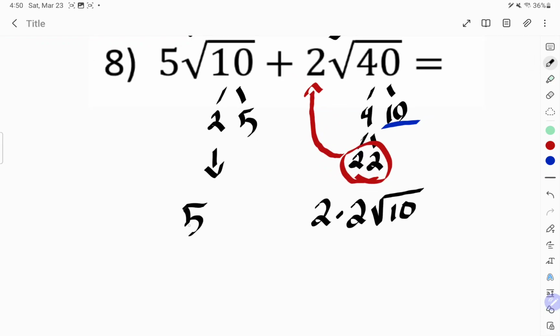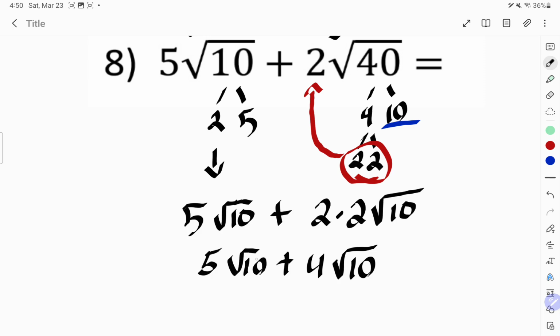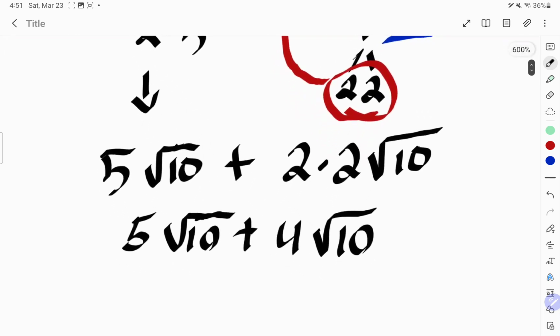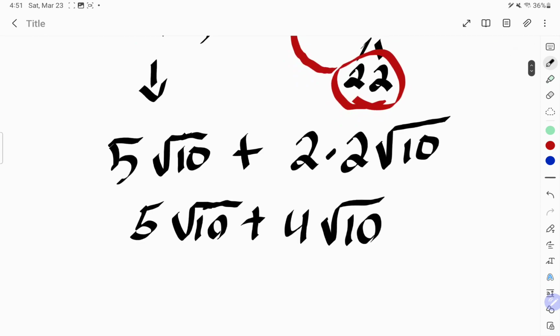So it's going to be 5 square root of 10 plus 2 times 2 square root of 10. What is 2 times 2? Easy, 4. Now I have 5 square root of 10 plus 4 square root of 10. Just like we did in the previous one, we add those two numbers, 9 square root of 10. And that is my answer.